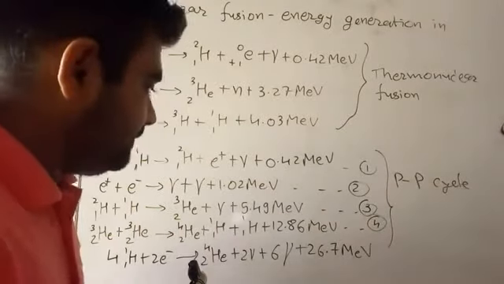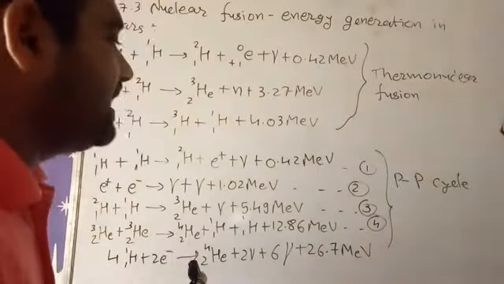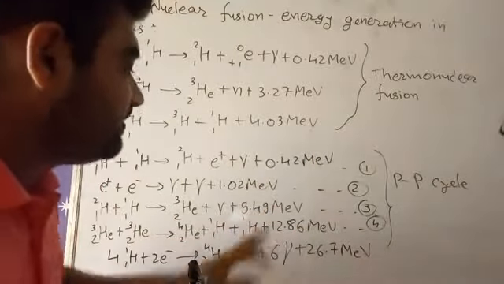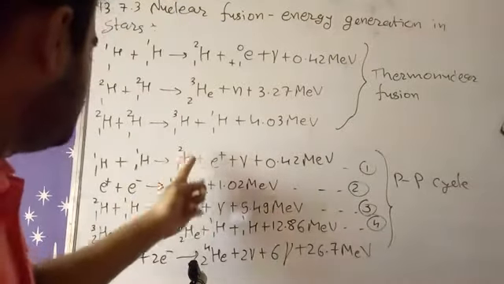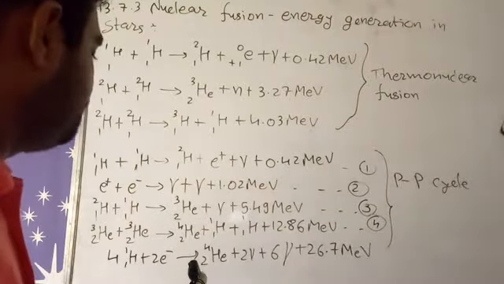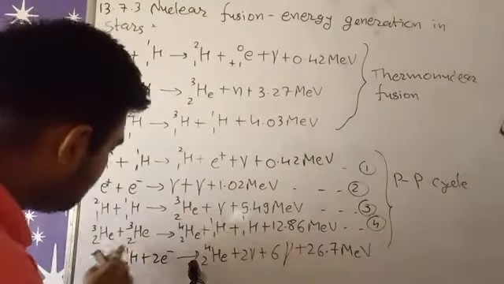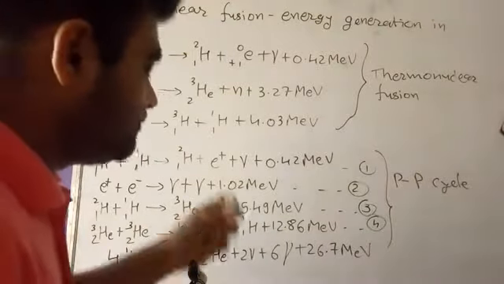Now overall, if we sum up all the energy and all the elements, we get reactions 1, 2 and 3. These reactions have to be done 2 times. Why? Because we are using 2 helium-3, so the third reaction has to be done 2 times.